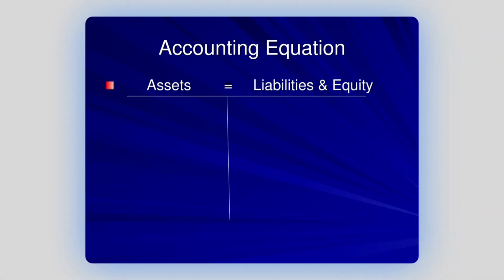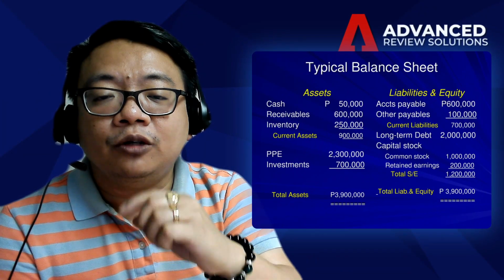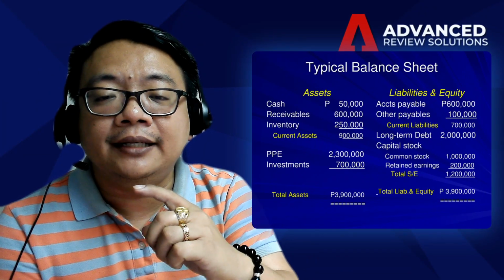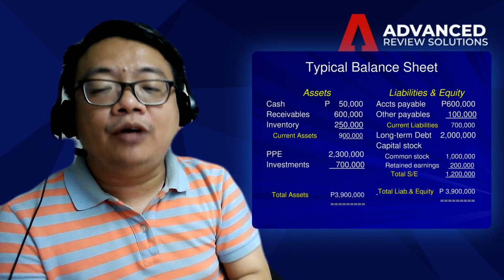So meaning to say, as part of these accounting equations, assets equals liabilities plus owner's equity. Ito yung sample of a typical balance sheet, wherein you have your assets, liabilities, and your owner's equity. Pag sinabi class, in terms of your assets, you have your cash, your receivables, and your inventory.